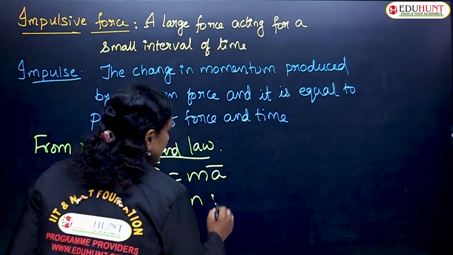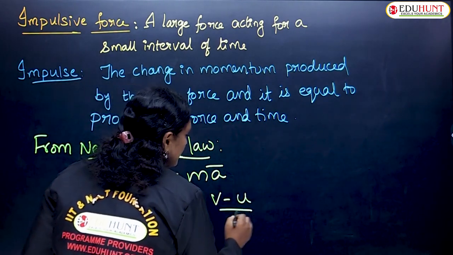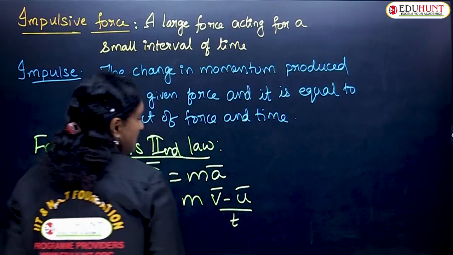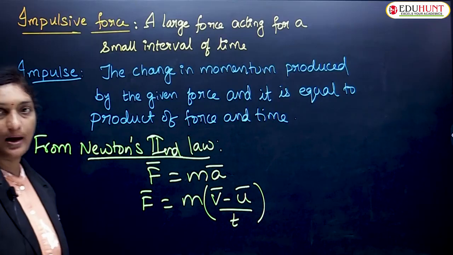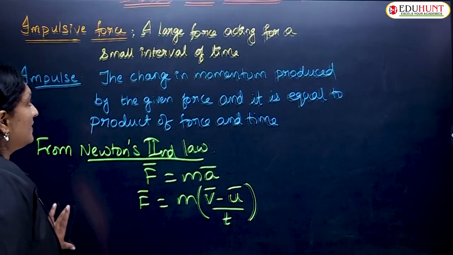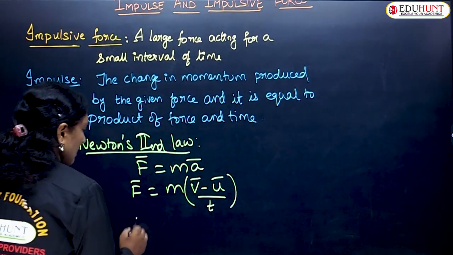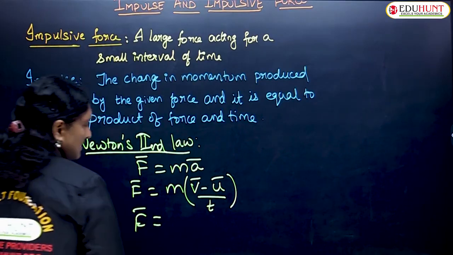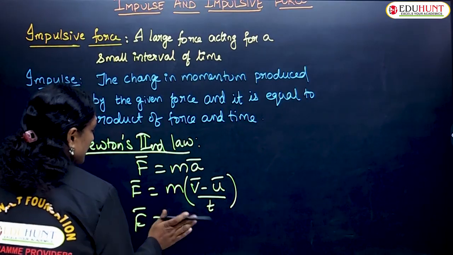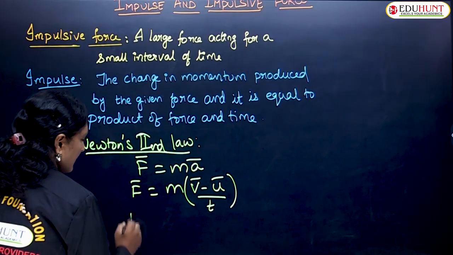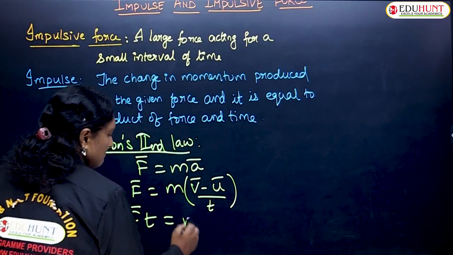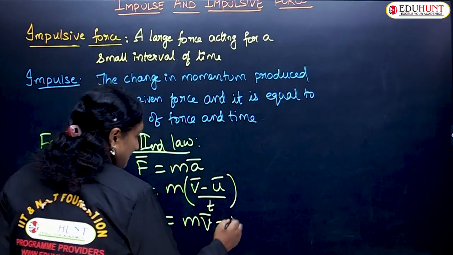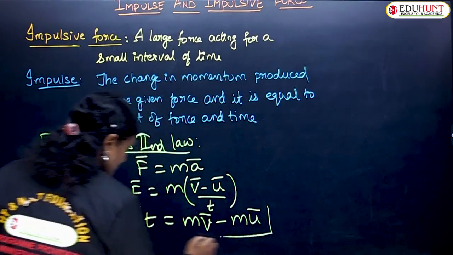So acceleration can be written as (v minus u) by t. Since velocity is a vector quantity, I can represent it with (v bar minus u bar) by t. After further proceeding, if you bring the t the other way, this becomes F bar into t equals m times v bar minus m times u bar.